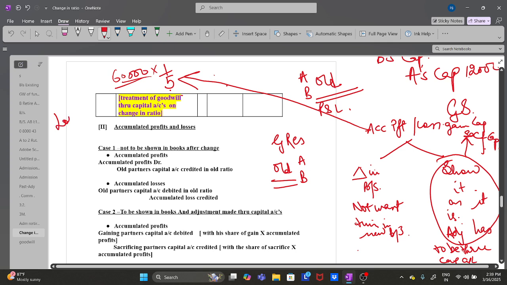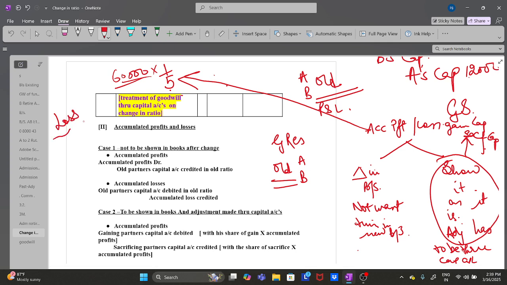But if we have loss, then the rule changes. What is the change in rule? Earlier we were following GS. When loss happens, the rule becomes the reverse of that, SG. Sacrificing partner is debited, gaining partner gets credited. Sacrificing partner's capital account gets debited, gaining partner's capital account gets credited.